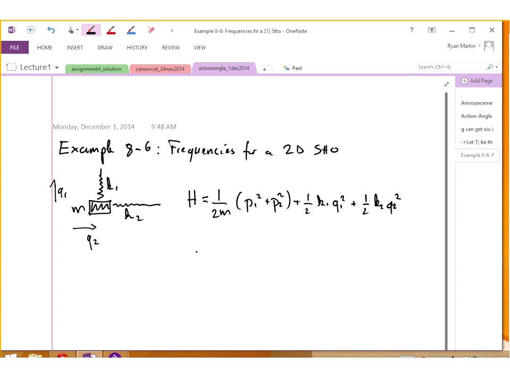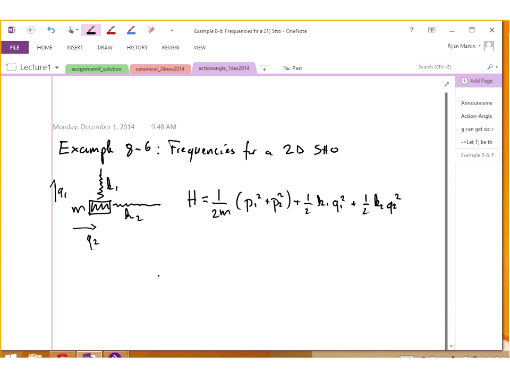So our first step is to now write this out using the Hamilton-Jacobi equation. So we use the fact that lowercase p_i is given by ∂W/∂q_i.